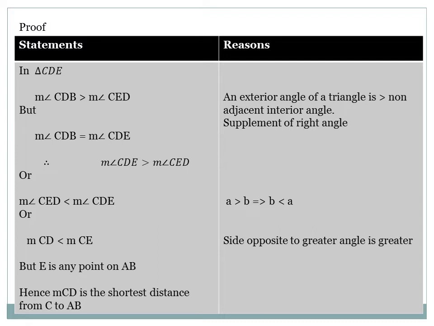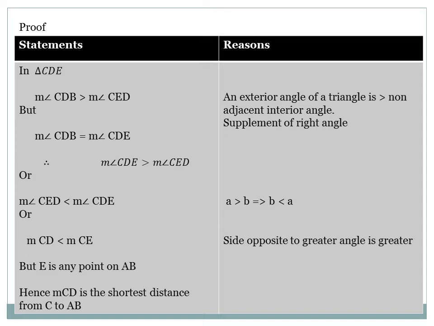We can see that measure of angle CDE is greater than measure of angle CED, or it can be written as measure of angle CED is less than measure of angle CDE, because if A is greater than B, then definitely B is less than A. So side CD is less than side CE because the side opposite to the greater angle is always greater, and the greater angle here is angle CDE, and the opposite side of angle CDE is side CE.